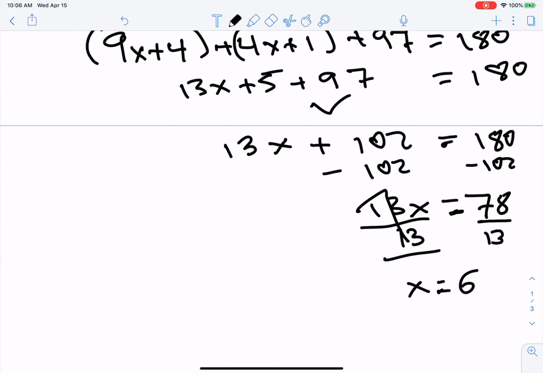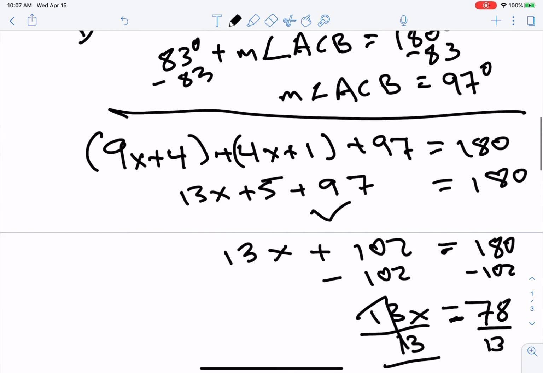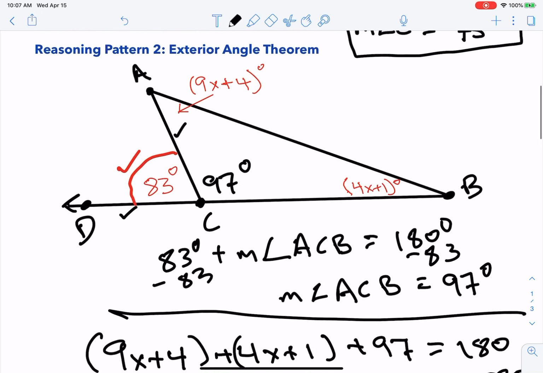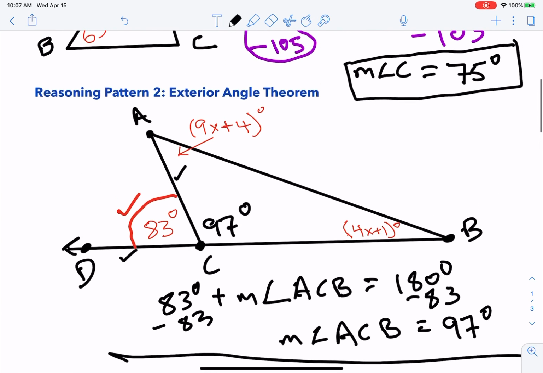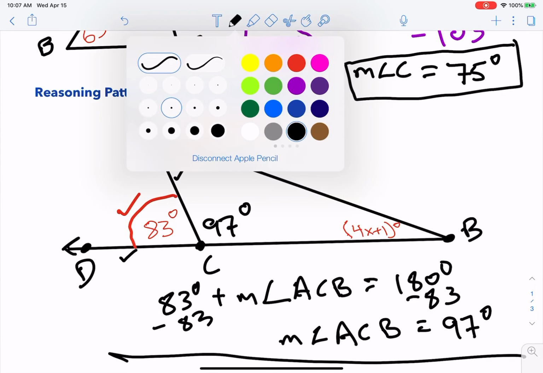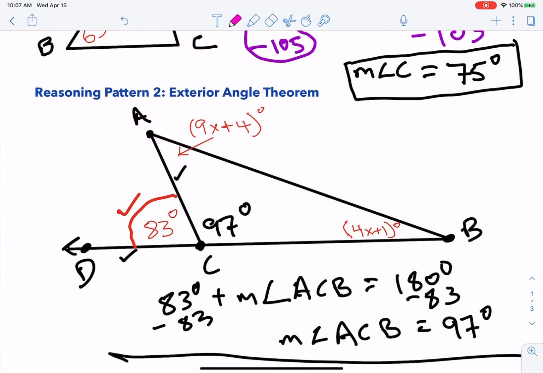Okay, now I want you to kind of look here and put this in a different color because it's so cool. We know that now, I'll pick hot pink this time, x equals 6. We did all this work and found out that x equals 6.